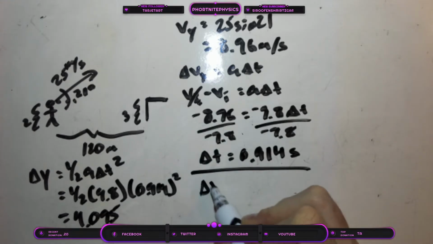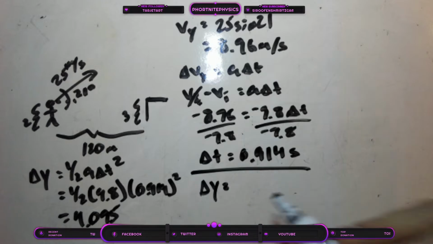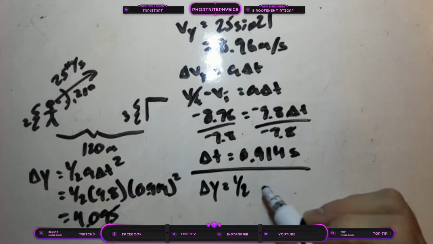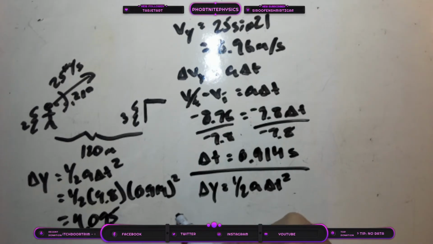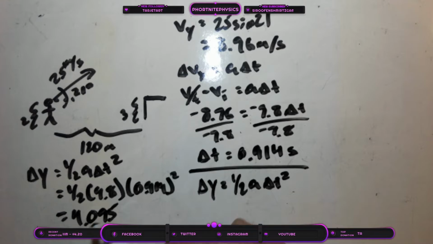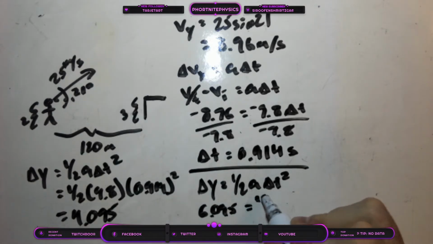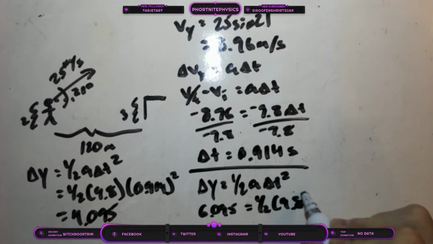So we can reuse our equation again to find out how long it's going to take for it to fall from its highest point. And we're going to solve for our time again. Our fall is 6.095 equals 1/2 times 9.8 multiplied by time squared.